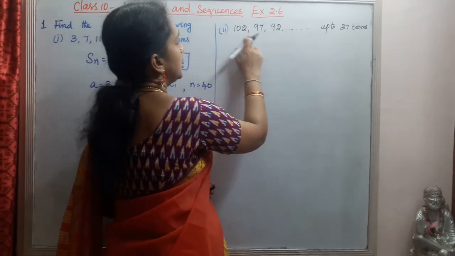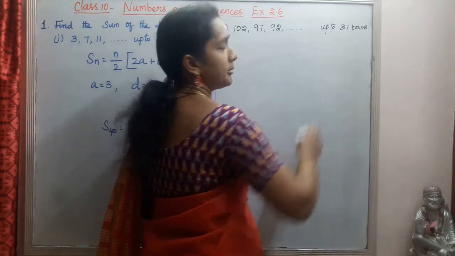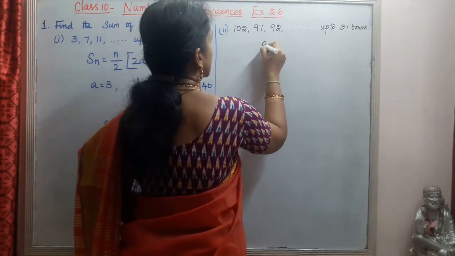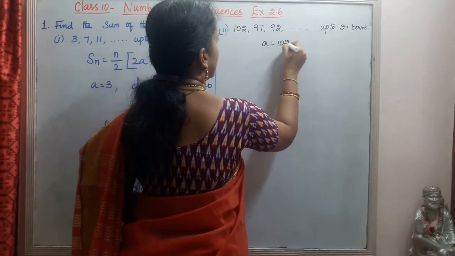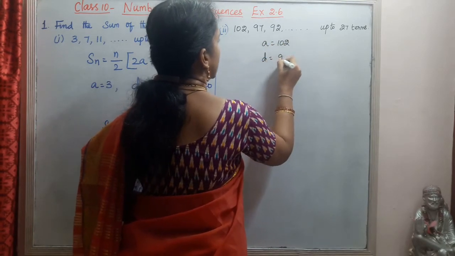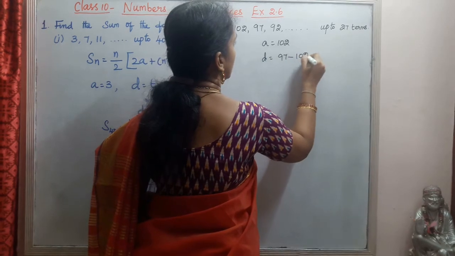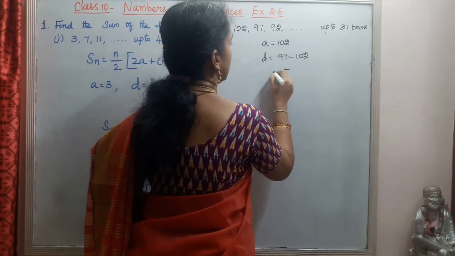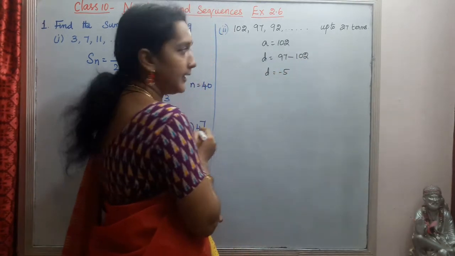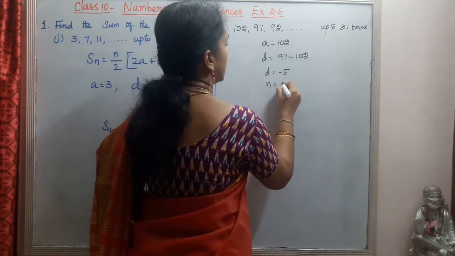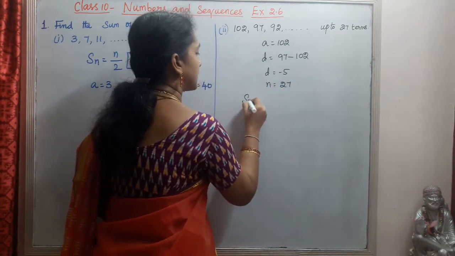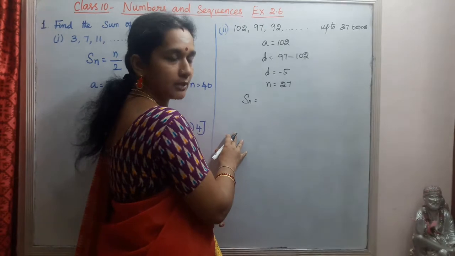The second sum is 102, 97, 92 up to 27 terms. So a is equal to 102. d is equal to 97 minus 102. So we will get minus 5 as the difference d. Then n is equal to 27. So we will substitute it in the sum of the terms formula.